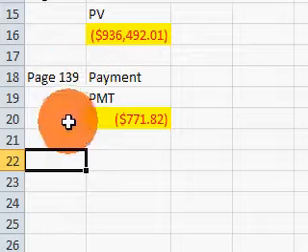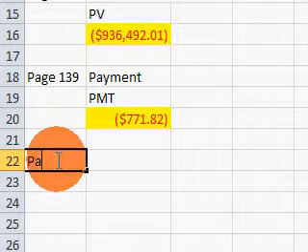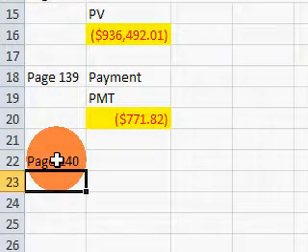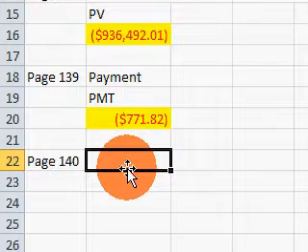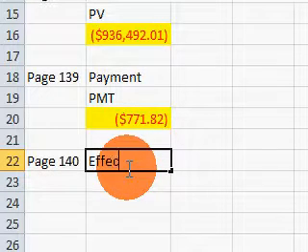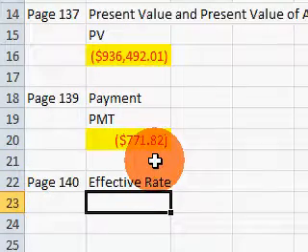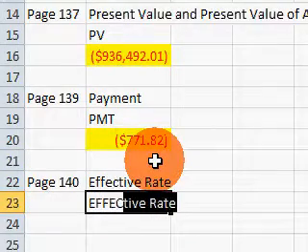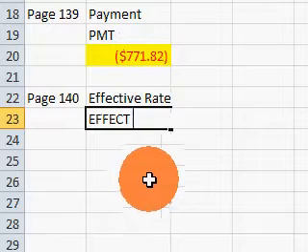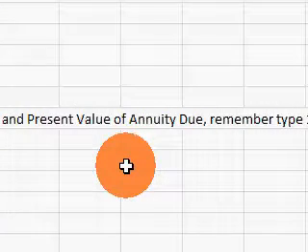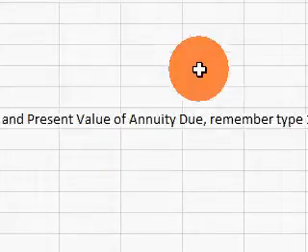One last example, let's put one in here on page 140. This is with effective rate. So let's just type effective rate. But in Excel, it's going to be EFFECT. So let's go find that function. I'm going to follow the example. Let's say that you had borrowed at 12%, but it's compounded monthly.